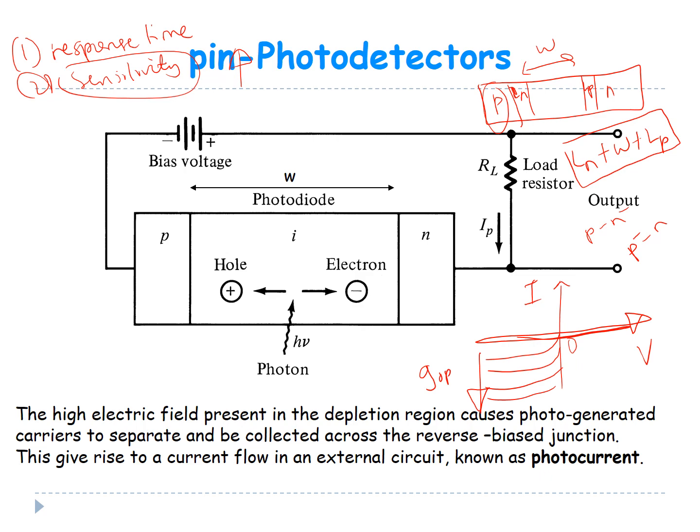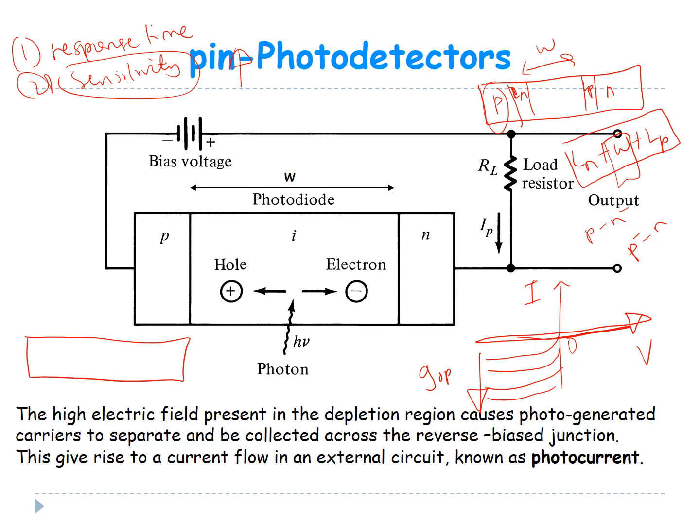So it is very, very important for illumination to be in W. If I can draw a PN junction like that, the electric field is here within my W. Okay, this doesn't show clearly what I want to express here, so we just redraw this guy here.